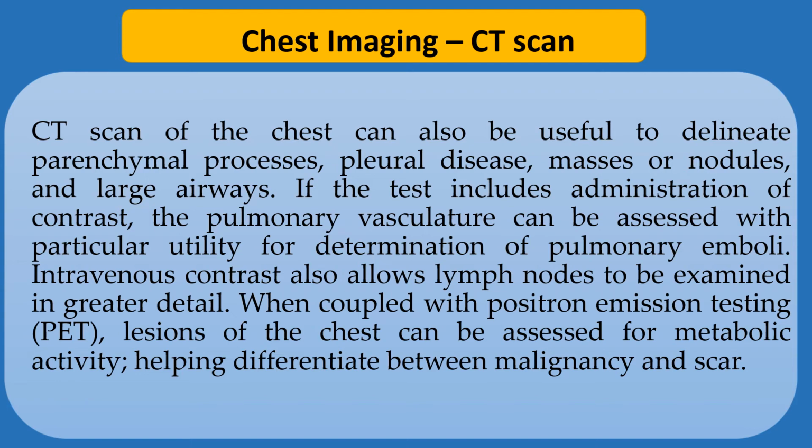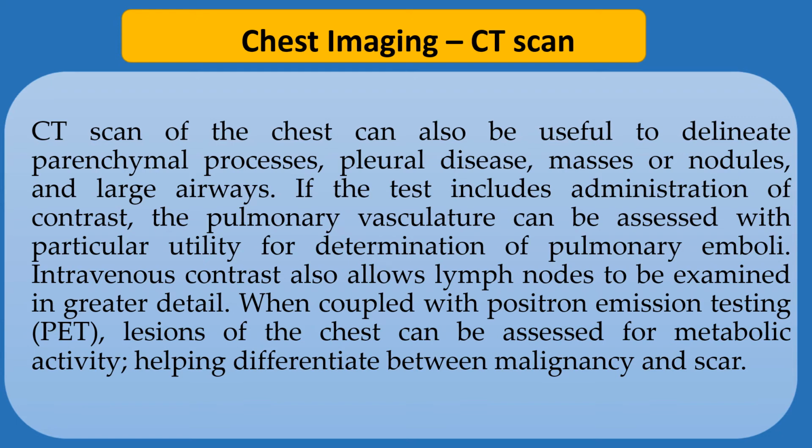CT scan of the chest can also be useful to delineate parenchymal processes, pleural disease, masses or nodules, and large airways. If the test includes administration of contrast, the pulmonary vasculature can be assessed with particular utility for determination of pulmonary emboli.